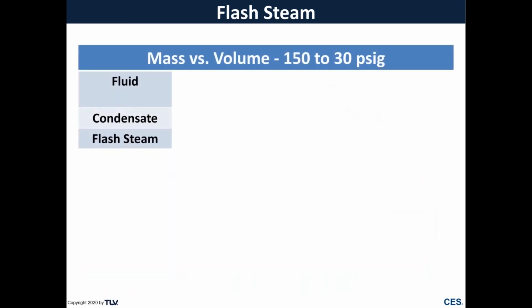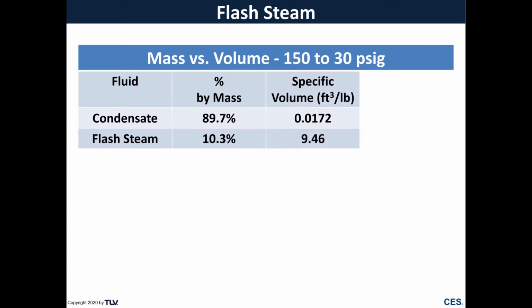Now, if we break that down, looking at the mass and the volume, we see something very interesting. If we look at condensate being discharged from a 150 psi steam trap into a 30 psi return line, the mass of that condensate is about 90%, where the flash is about 10% of the mass. But condensate and steam have a very different specific volume.